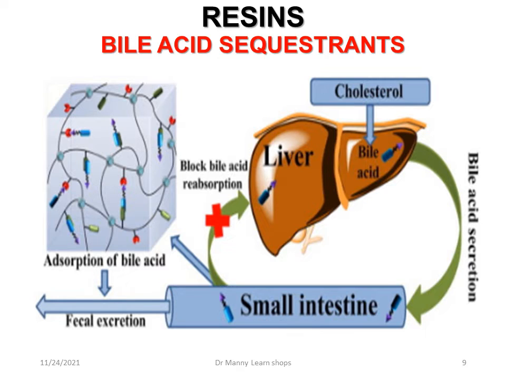Cholesterol is excreted with bile acid into the small intestine. Some is reabsorbed, some goes into your feces. But bile acid sequestrants block bile acid reabsorption. So more goes into your feces and cholesterol is eliminated.